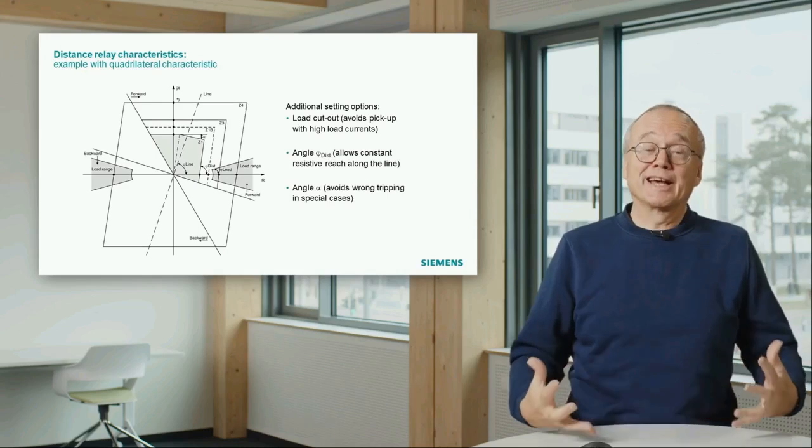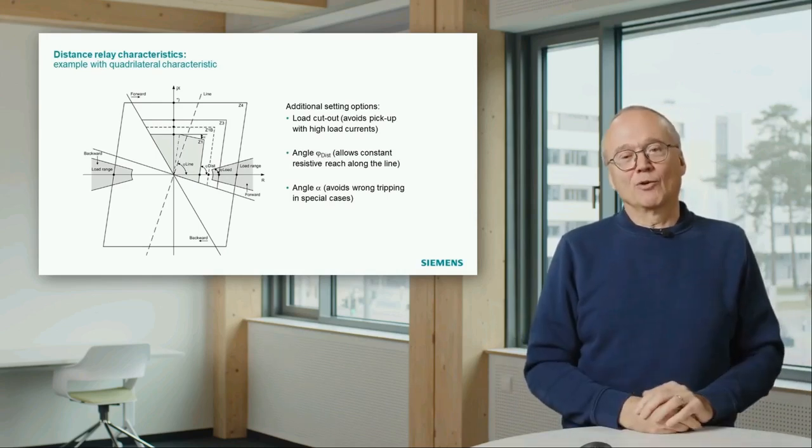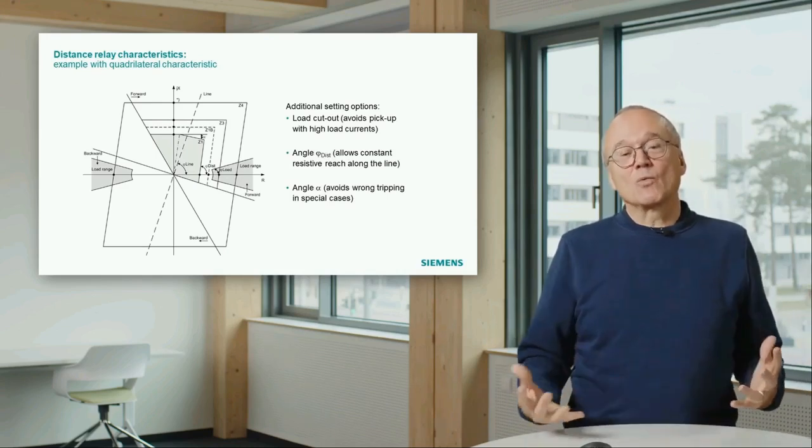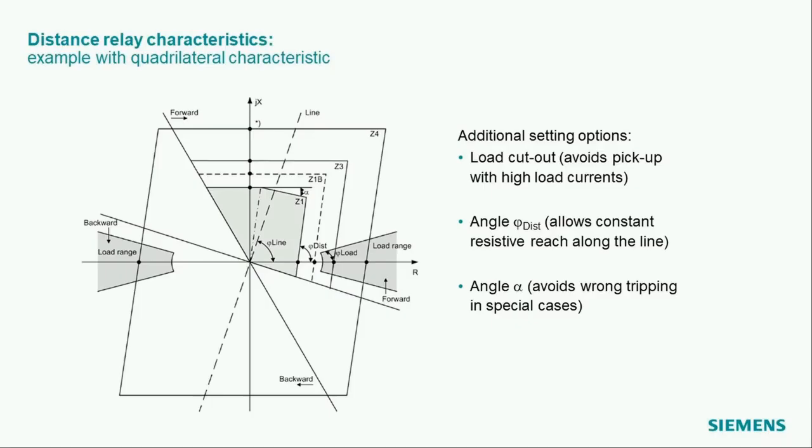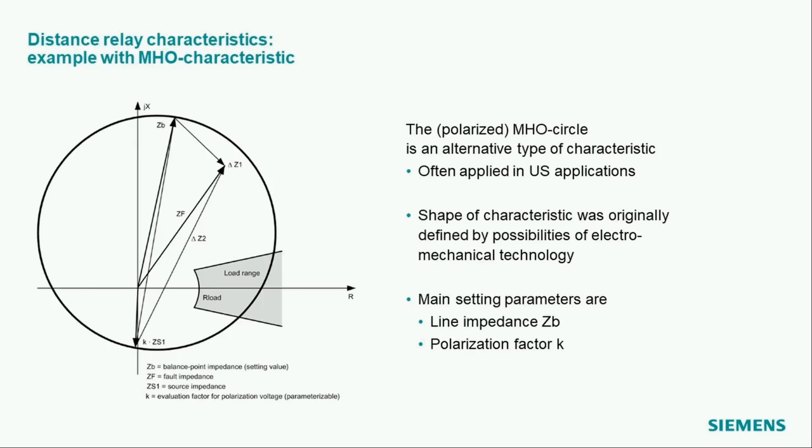Of course, you have a couple more parameters which are used to define this load cutout and which are not used in all applications. And the same is also possible for the Mho circle. Also there we offer the possibility to make such a load cutout.